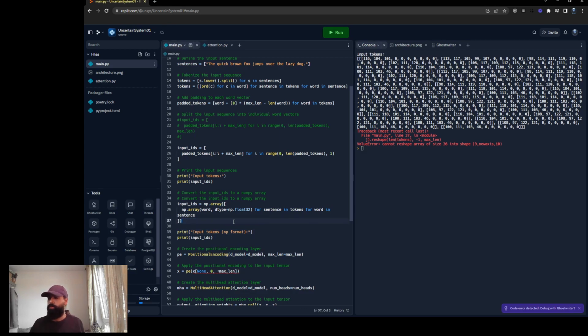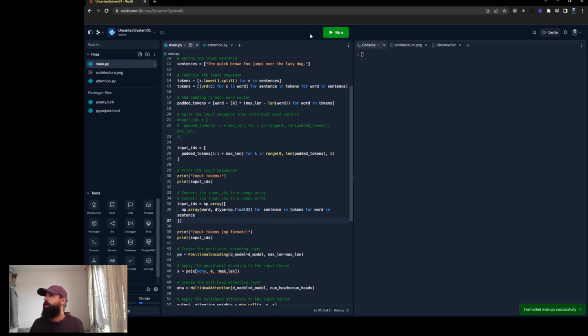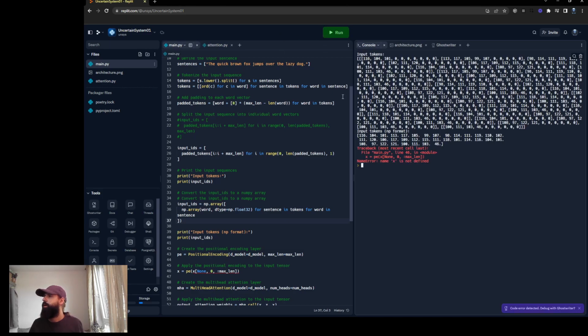So what if I don't do the reshape? In NumPy format. Okay, that's also not correct. It's trying to do a in sentence.